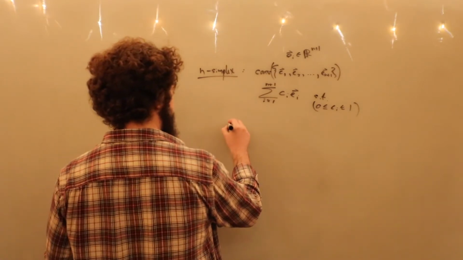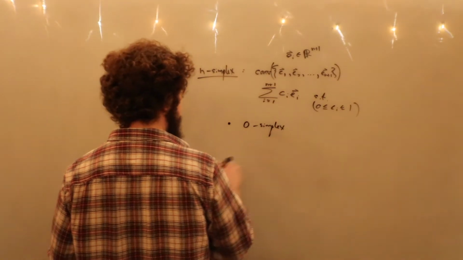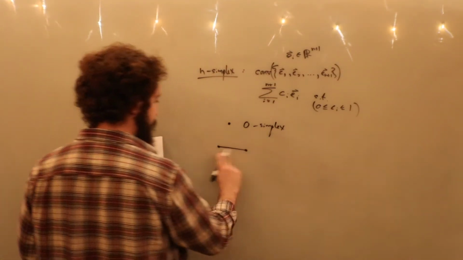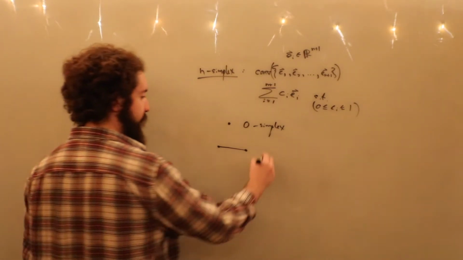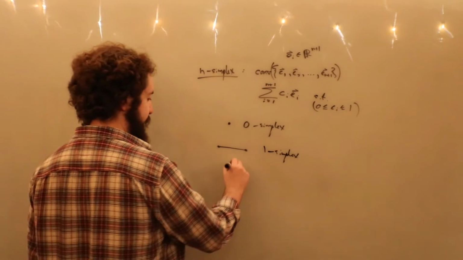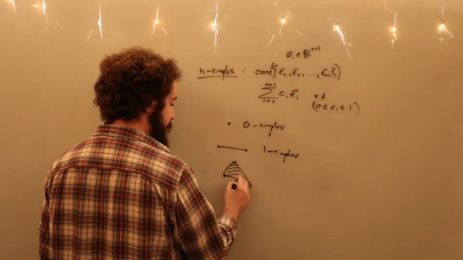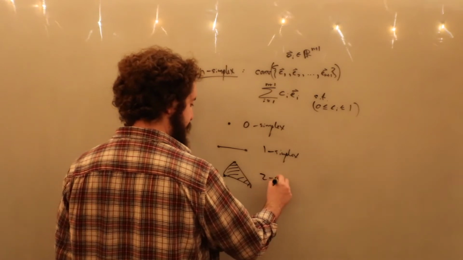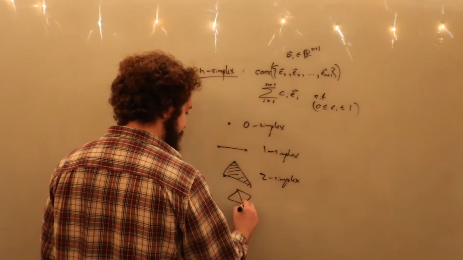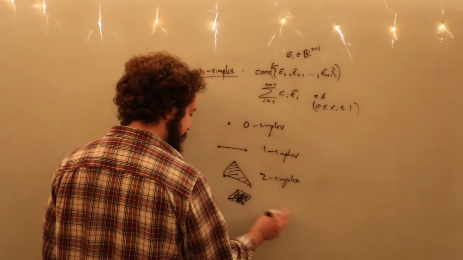As I alluded to before, you're already familiar with this in low dimensions. Namely, the 0-simplex is just a point. The 1-simplex is going to be a little line segment. A 2-simplex is going to be a triangle filled in. A 3-simplex is going to be a tetrahedron with the volume included, right?